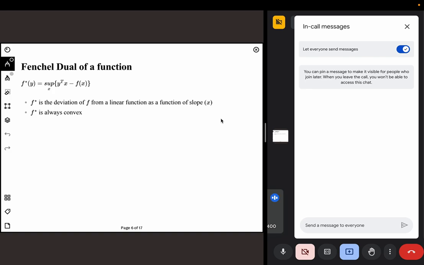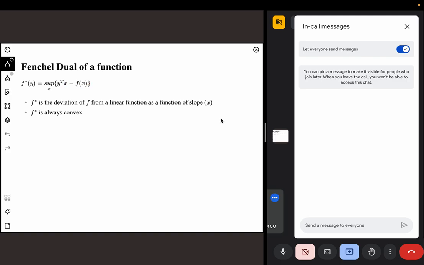This is a short thing that hasn't been used much, but this is another way to create a dual. So you have a function f of x, and you want to make the dual of it. So this is another way of defining the dual. You take a function f star of y as the supremum of y transpose x minus f of x.